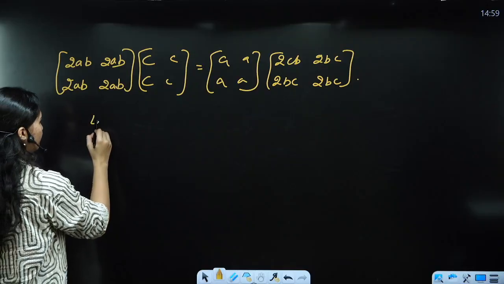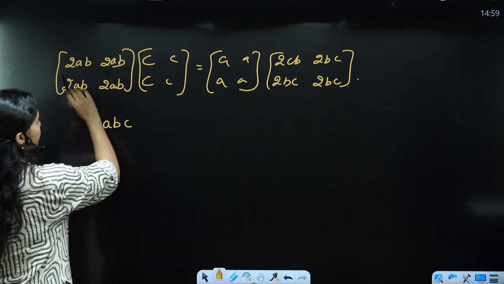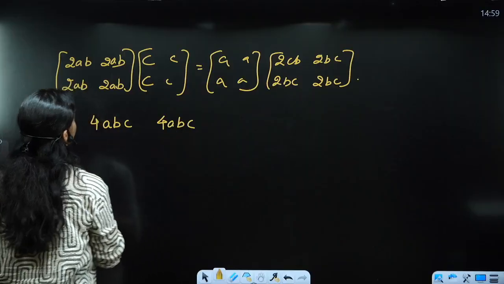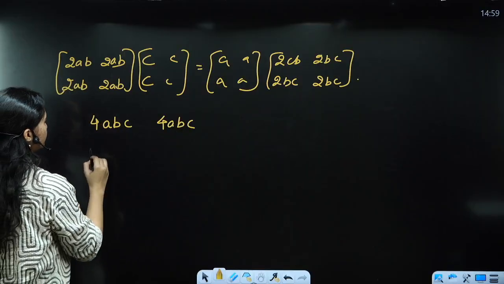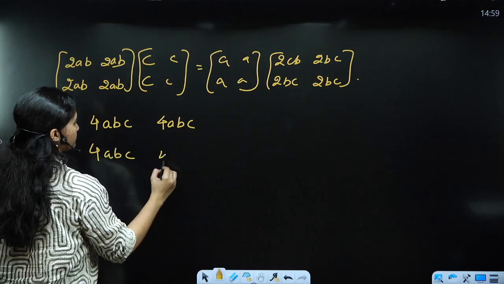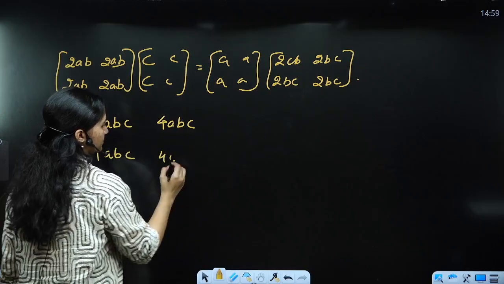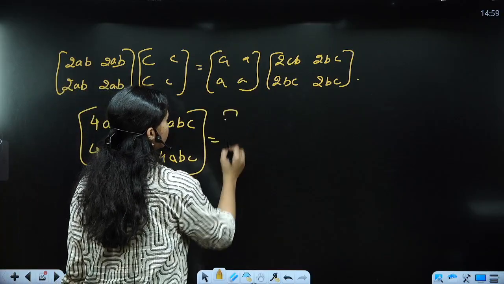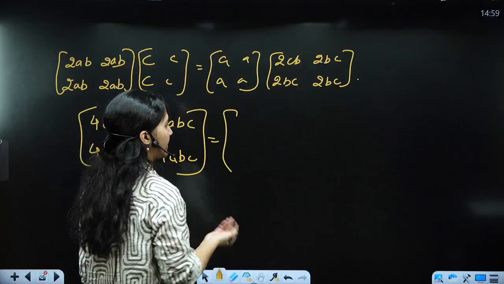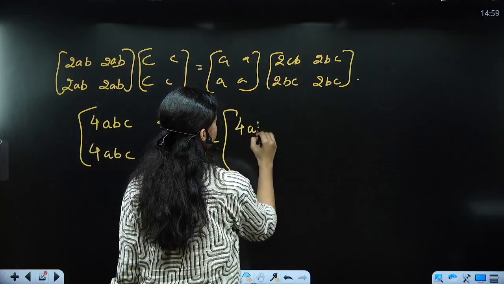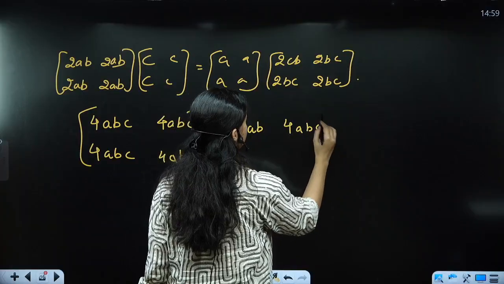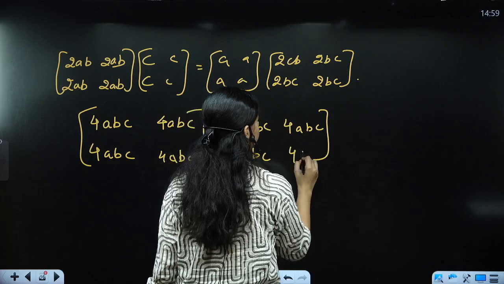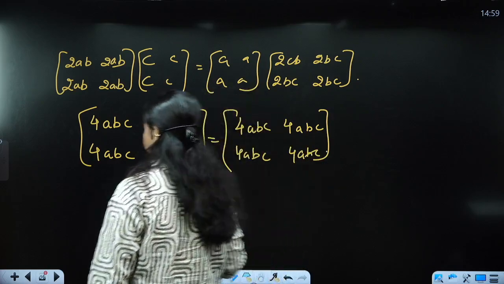So this is going to be 4abc, right? Similarly for the second column as well, and similarly for the third place, or the third element you can say, right? And here you are going to get the same thing again. From here you can say that matrices of this form are again associative, right?